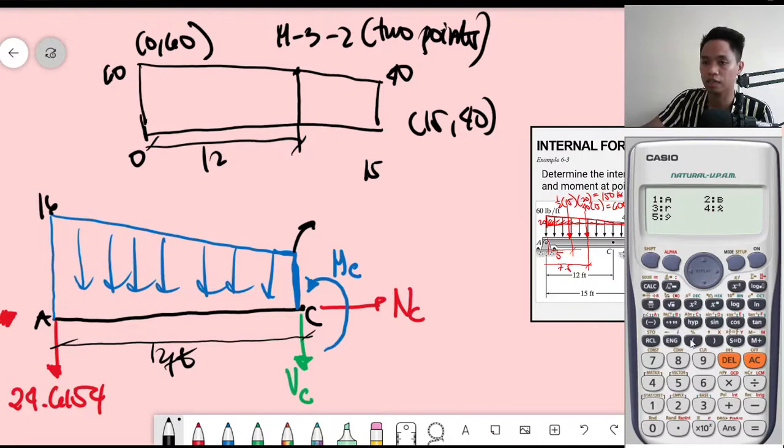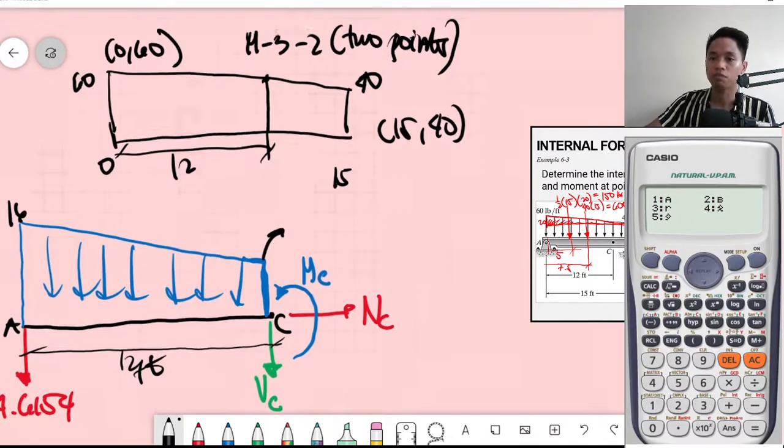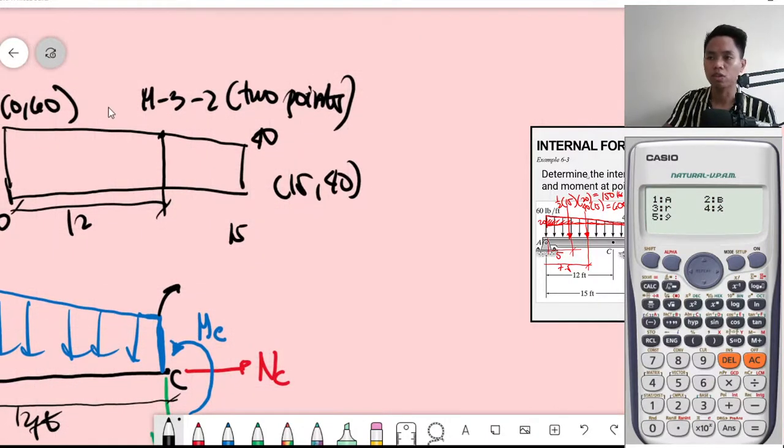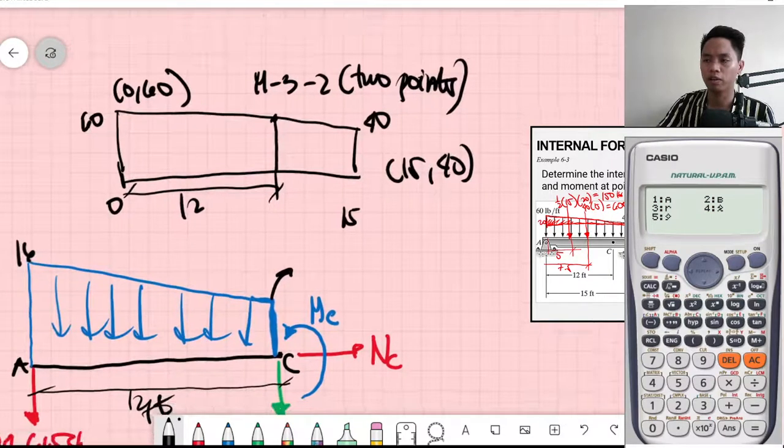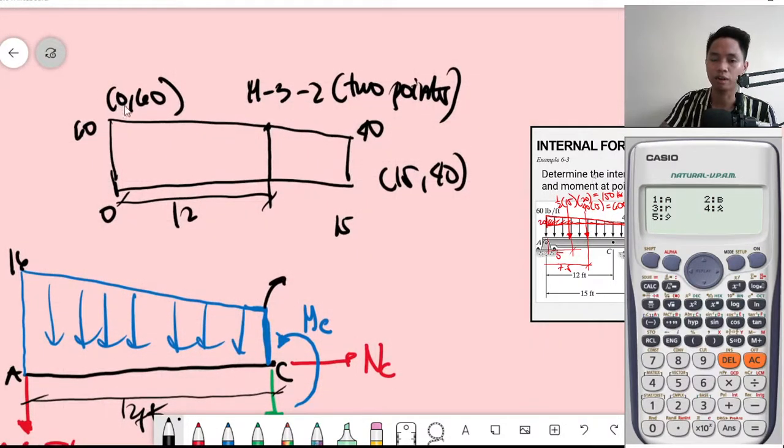So regression na siya. Then naa diri mo gawa si y bar, y hat ug si x hat. So unsay gamit na niya? For example, nag-graph na ang imong calculator. Iyan na plot si 0, 60 o si 15, 40. Kana si x hat, kana ang number 4.